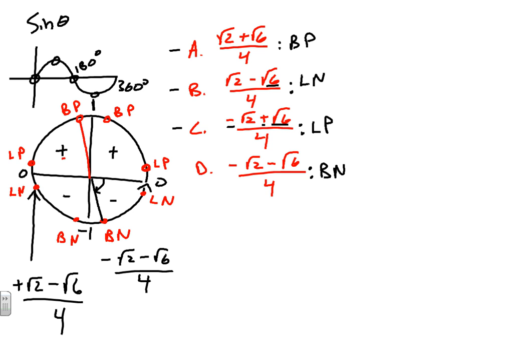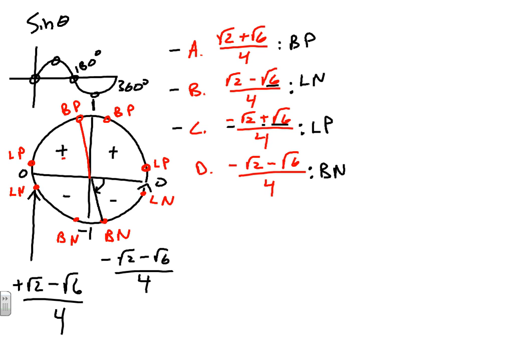Okay, how does that compare to cosine? Let me back up onto this. Let's go back here. Let's take a look at cosine. The graph of y equals cosine of theta looks like that.